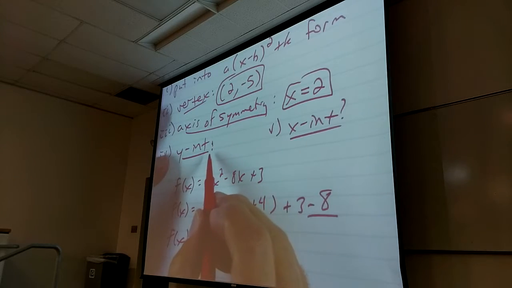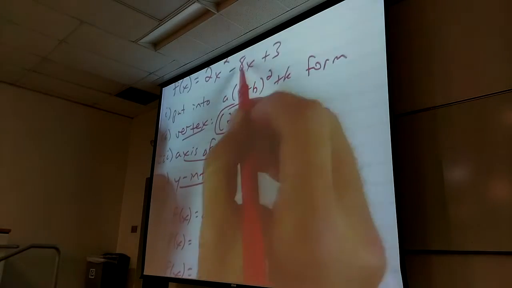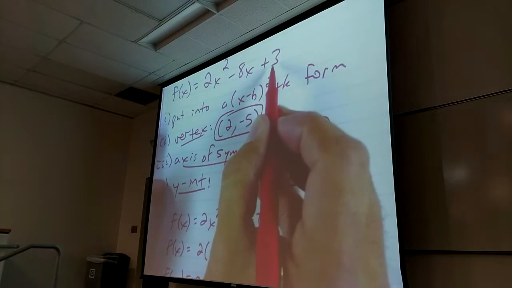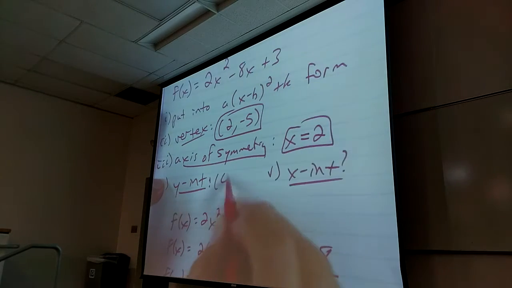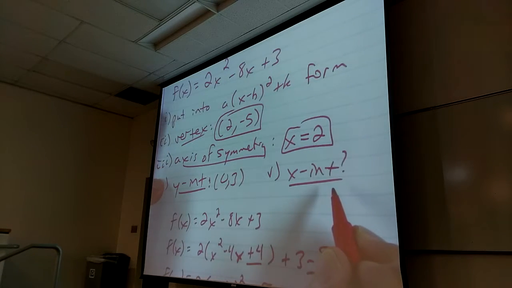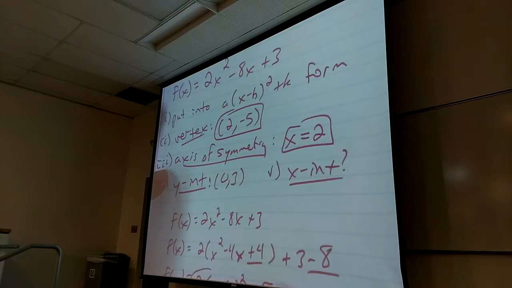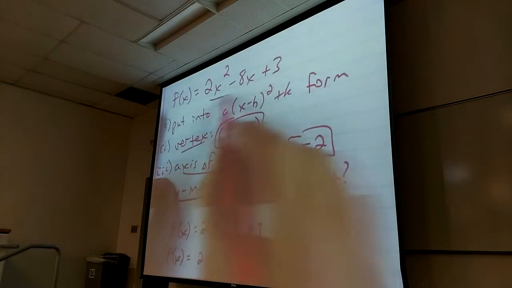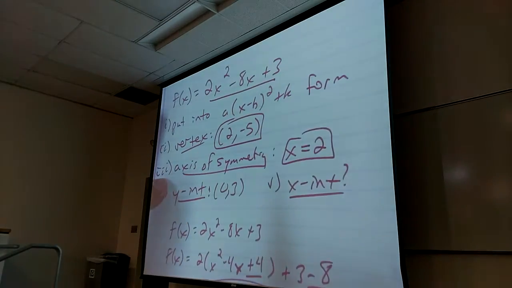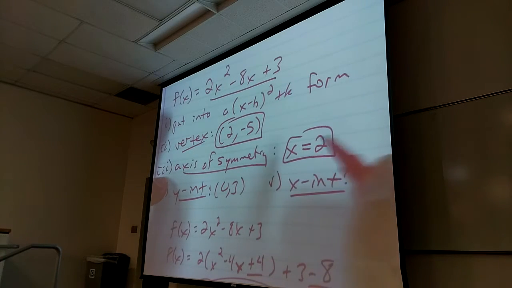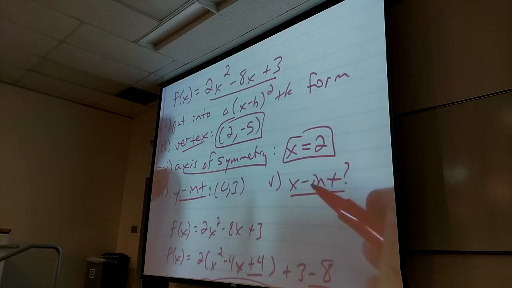What about the y-intercept? Yeah, just look here. Make x 0, I'm left with a 3. 0, 3. What about the x-intercepts? How are you guys trying to do them? You could either use this form and set it equal to 0, or you could use this form and use the quadratic formula. It doesn't matter.